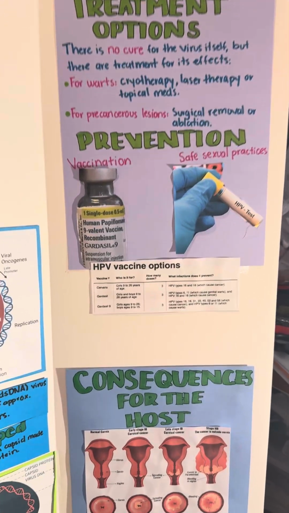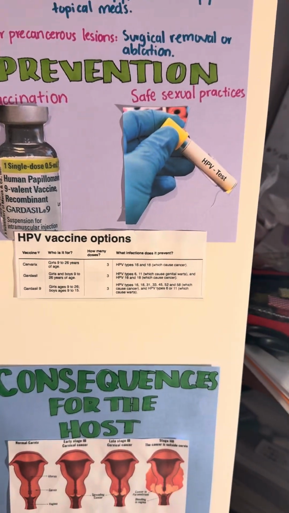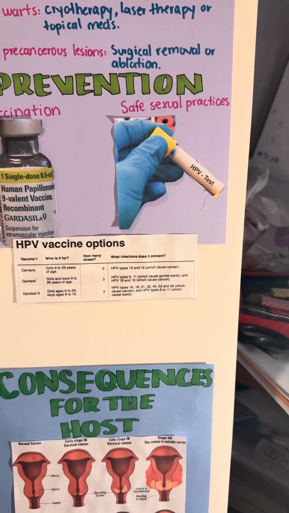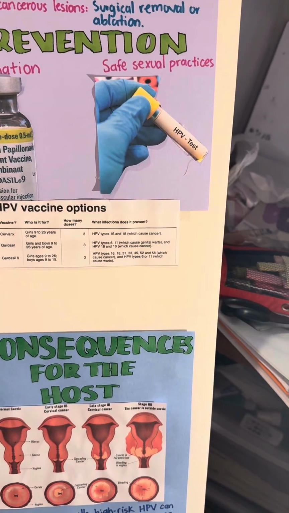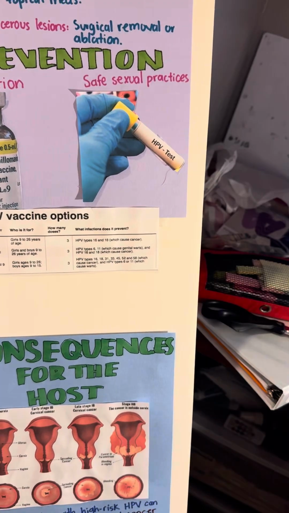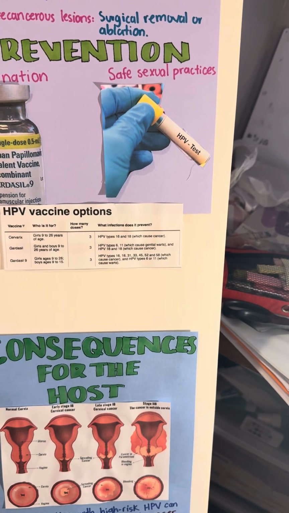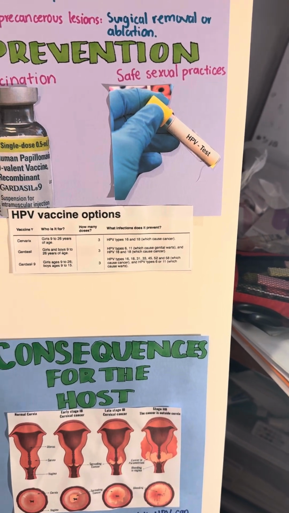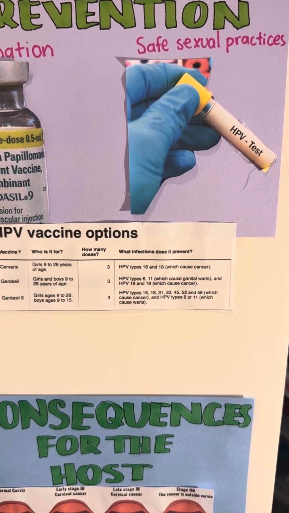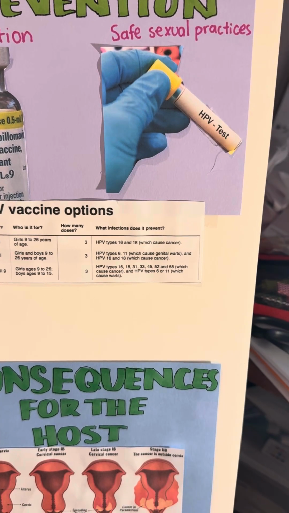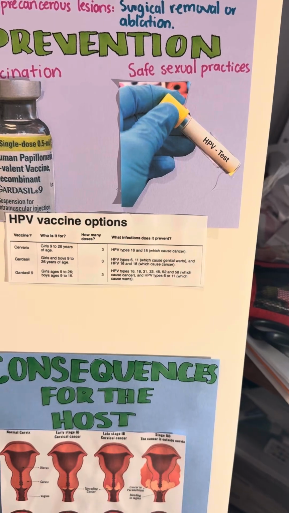You can see the scheme here, and it's mostly recommended for people who haven't yet initiated their sexual life. All of them are 3 doses, and some prevent the highest risk types of this virus. It's important to mention that this vaccine cannot be applied to people over 50 years old.